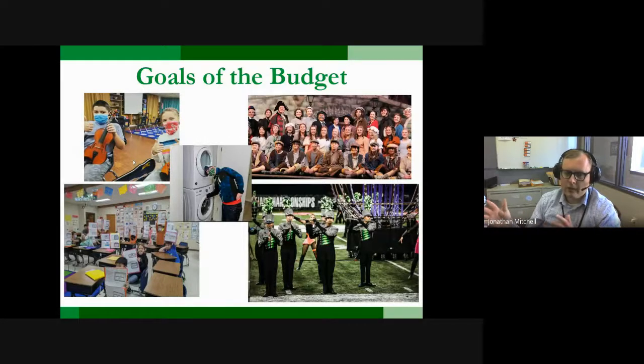So we really want to see that from our budgeting process when we're making those choices and how we're going to utilize time and how we're investing our dollars, that each student within the district has an opportunity to achieve at his or her best.